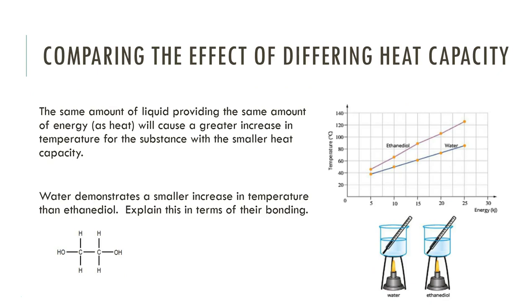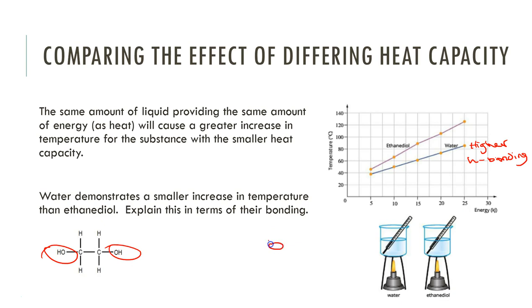So what this means is for substances that have a different heat capacity, the same amount of energy, so heating for the same amount of time, will cause different increases in temperature. Water has a higher specific heat capacity than ethanediol because of its hydrogen bonding. So its temperature is seen to increase less than ethanediol, which does have hydrogen bonding, but water can form more hydrogen bonds than ethanediol.